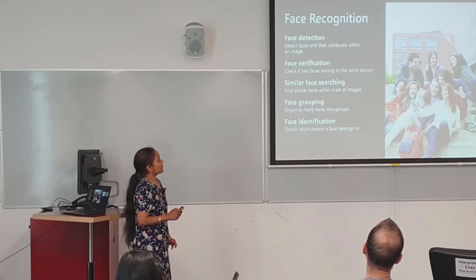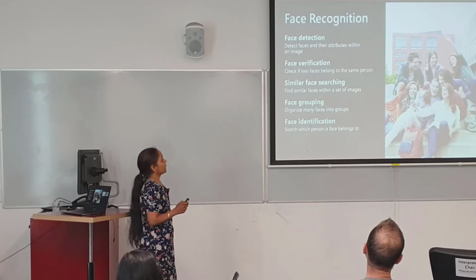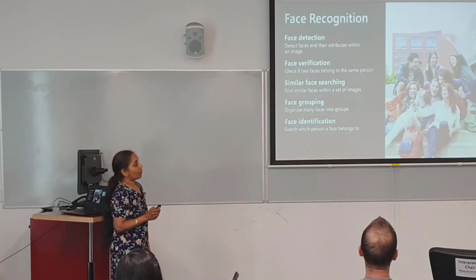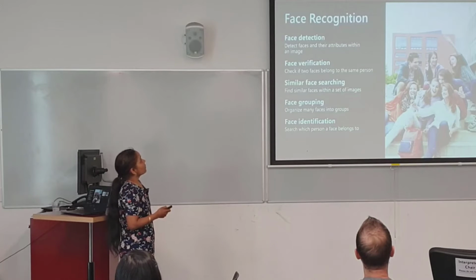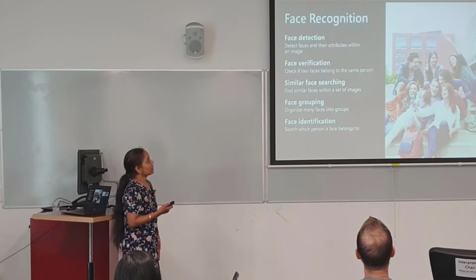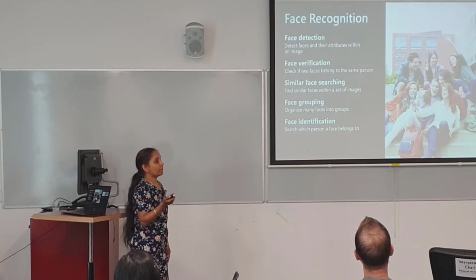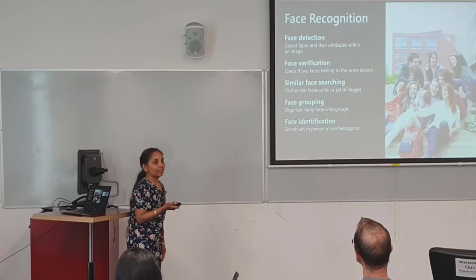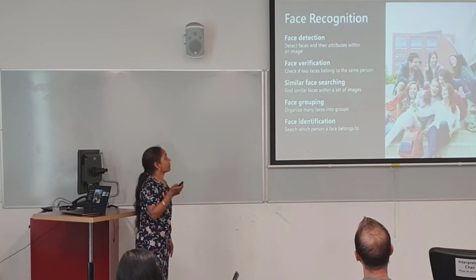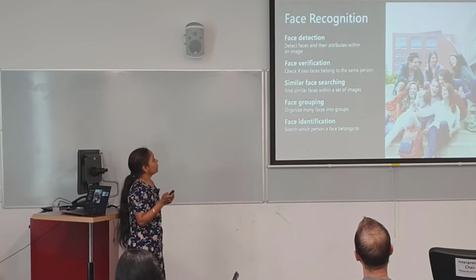Face recognition. What does the face API offered by Microsoft do? Face detection detects faces and their attributes in an image. Attributes can be gender, what color of hair, what color of eyes, those kinds of things.